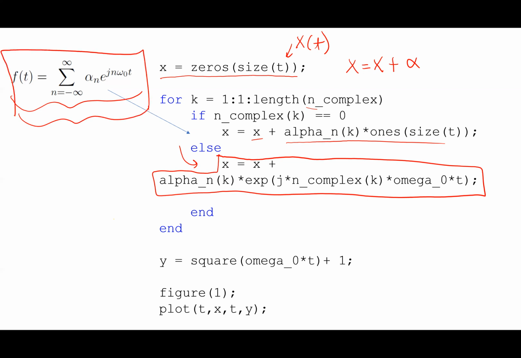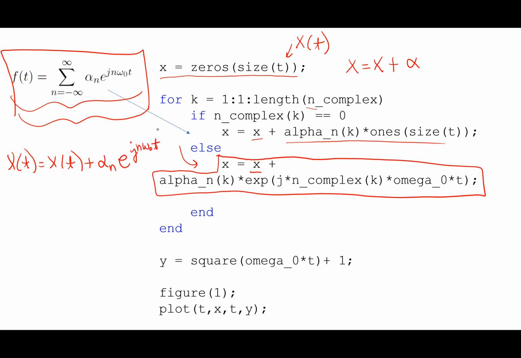I'm basically saying take whatever I already have for x and add to it whatever the next value is from this series. So basically it's to say, instead of x of t here, I'm saying x of t is equal to whatever x of t already is, plus alpha n e to the j n omega naught t.